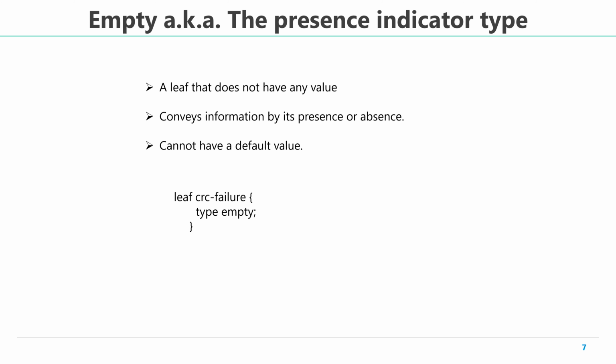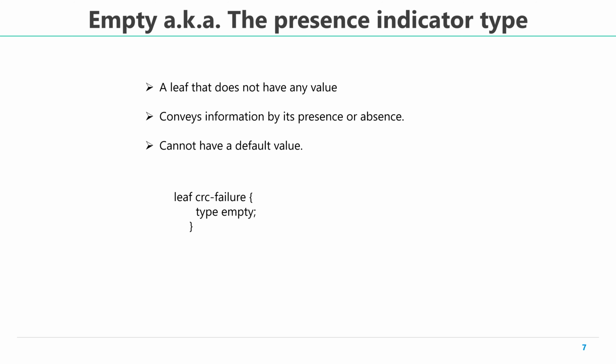The final type is called an empty type. You can also refer to the empty type as a presence indicator type, because this type by itself does not have any value. Just the mere presence or absence of it already conveys a meaning. So take for example, here I have defined a leaf called CRC failure and classified it as an empty type.